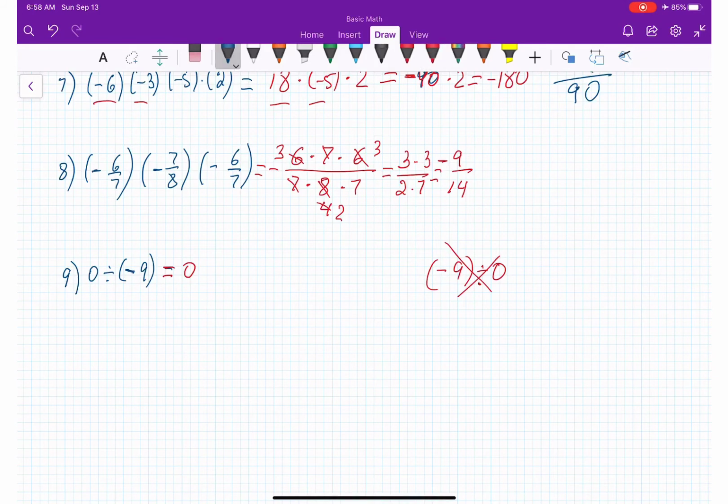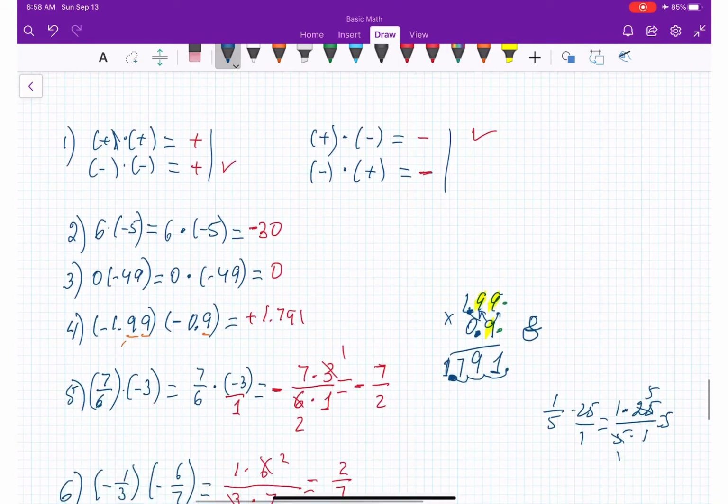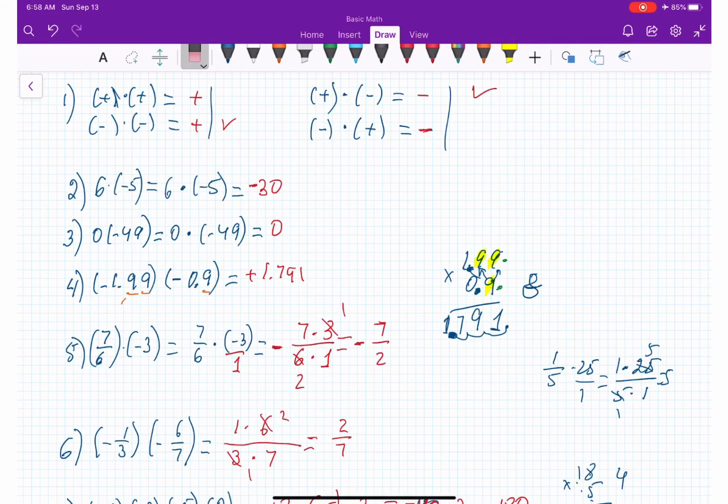Next one. Question number 10. So negative 128 divided by negative 9. When it comes to division, division follows exactly the same rule. If the numbers have the same sign, the result is positive.